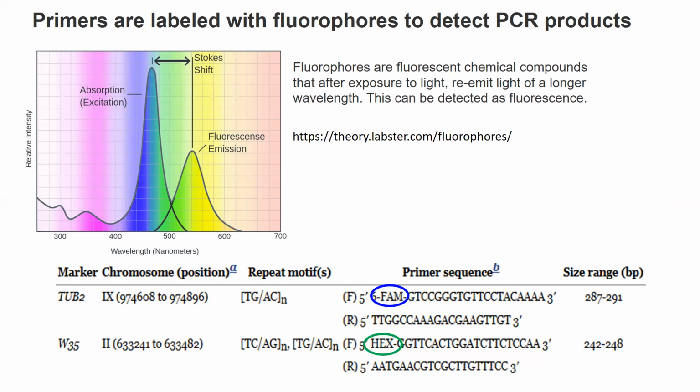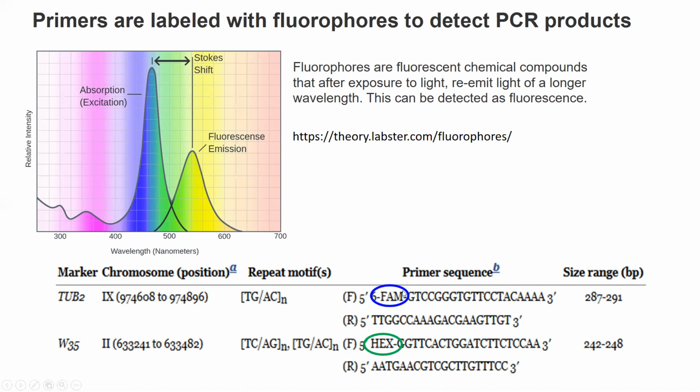The reason they are bright is because the headlight from your car sheds light onto the fluorescent chemical on the sign, and then it emits back different wavelengths, and then you can see them. Basically, this is the same thing. Just to remind you, the primers of those microsatellite markers are labeled with fluorophore.